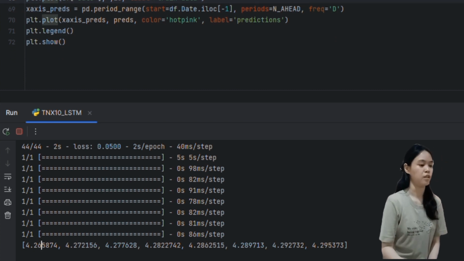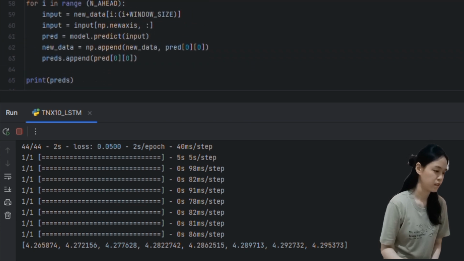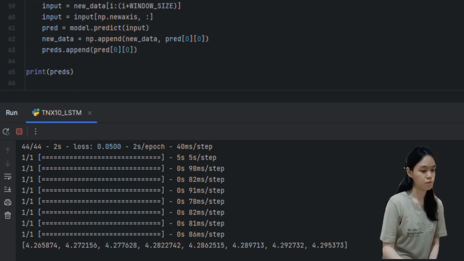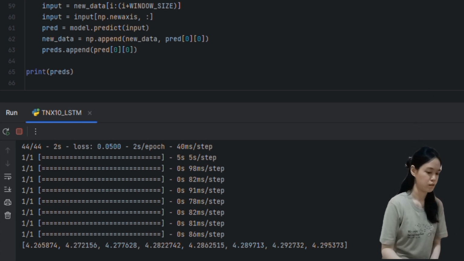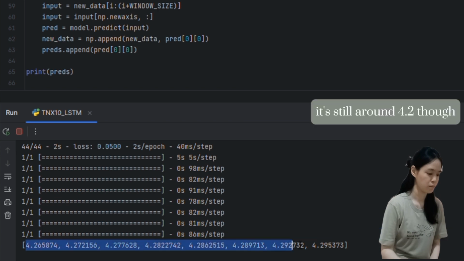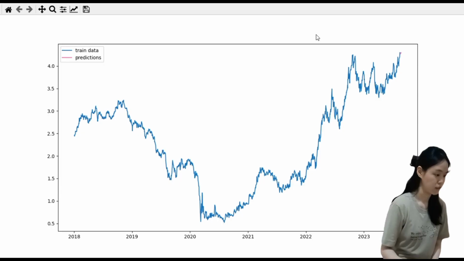A little bit of a caveat though, I have to be honest that the forecasting seems to be different every time you run it. Because the last time I ran this, it's not predicting this number. But yeah, let's see.